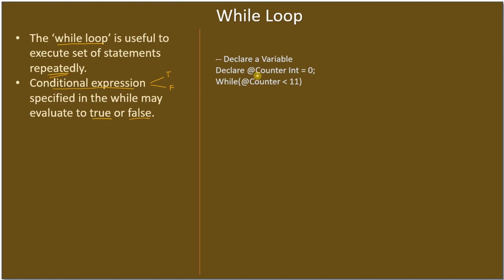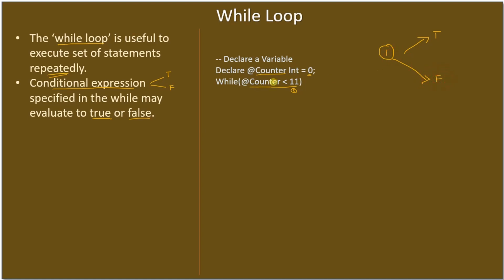Here, if you see, we declare a variable called counter. Type is integer and it stores 0 here. And here we form an expression using the while statement, and this is the conditional expression. So this conditional expression will either return true or it will return false.